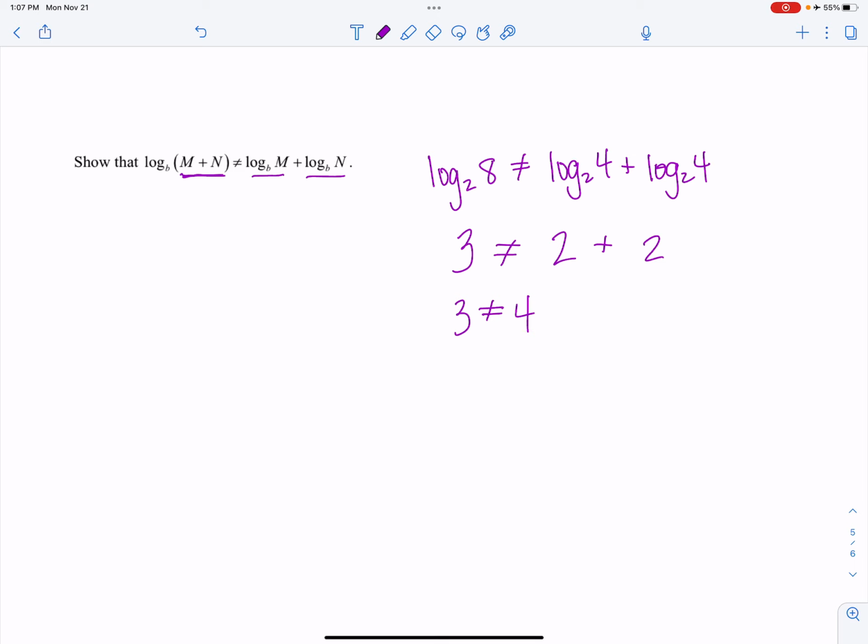So if you get to a point where we have, like this, we could have written it as log base 2 of 4 plus 4. It's not equal to log base 2 of 4 plus log base 2 of 4. And that's just referring back to our properties. Our properties never said we could do anything with a sum or a difference in there, only if there's a product or a quotient. Those are the only properties that we're given.